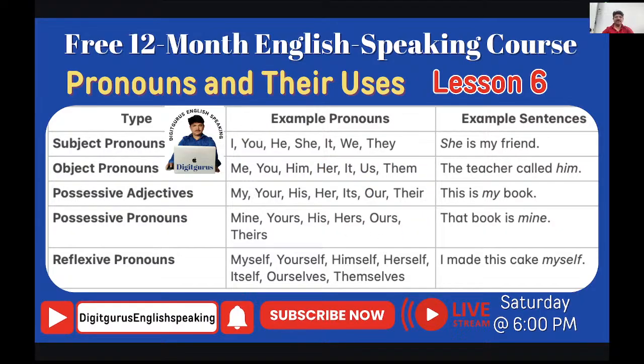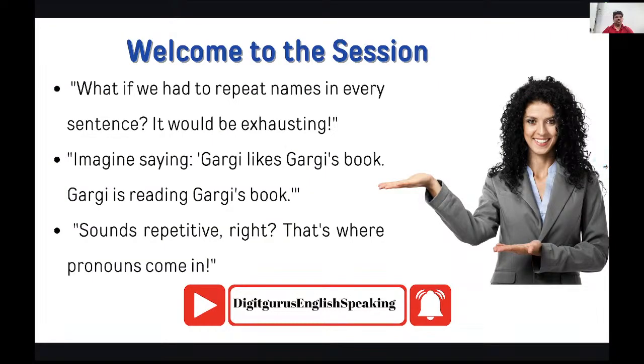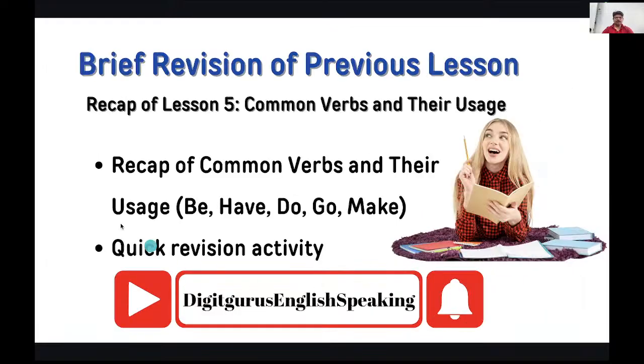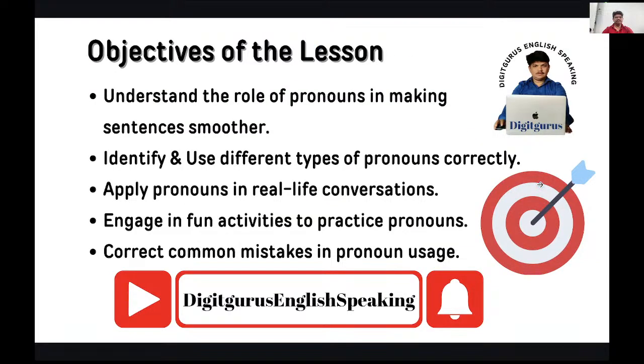If you haven't seen the slide clearly, then you can see it now. We were discussing the objectives of the lesson.